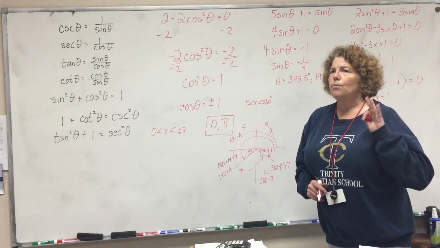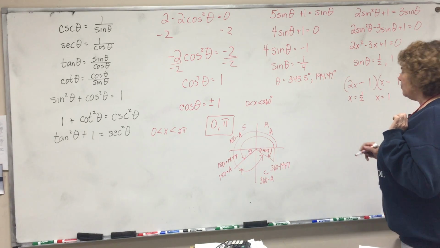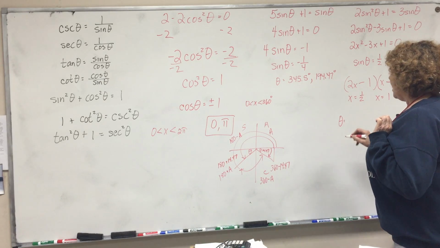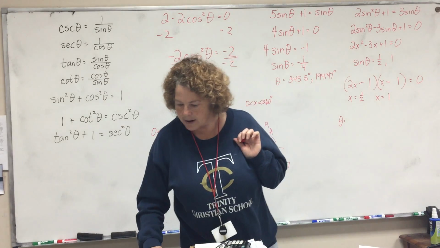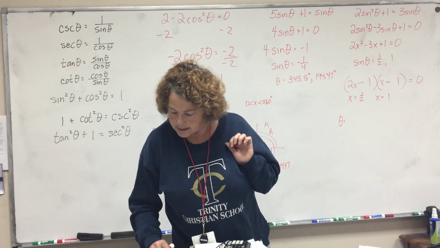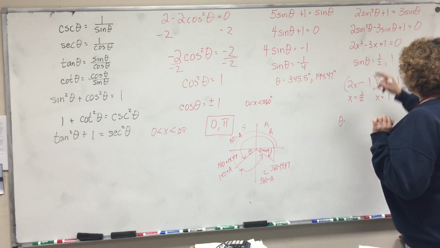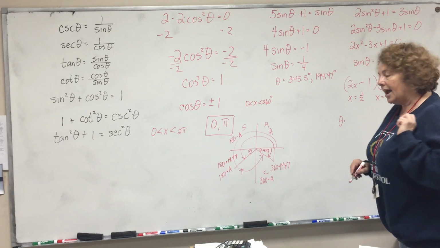But with 1 and 1/2, what angle has a sine of 1/2? And that would be, what do they want? They want radians or degrees? They want degrees. Okay, so look on your unit circle. What 2 angles have positive 1/2?